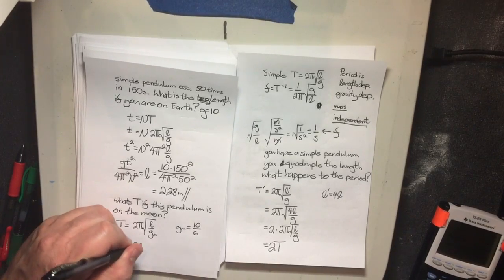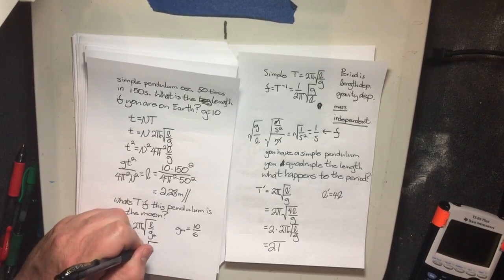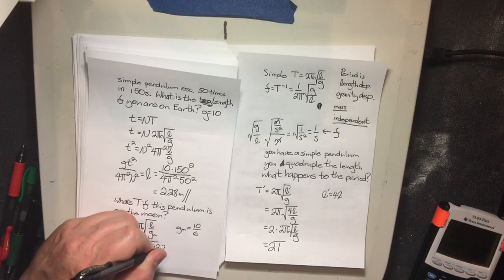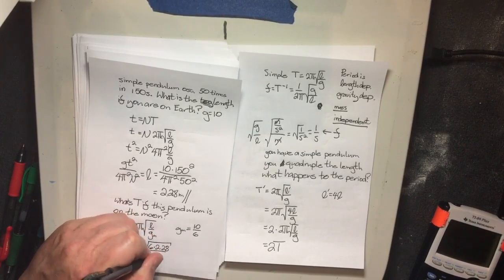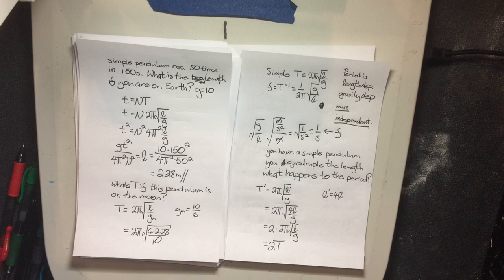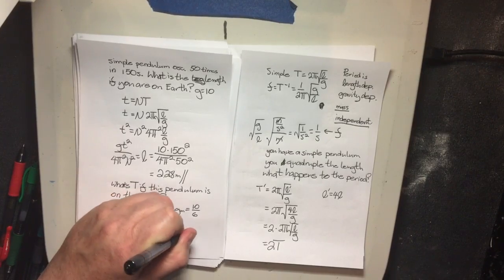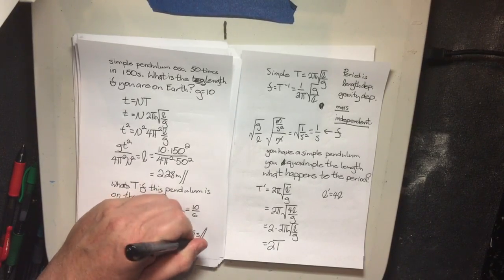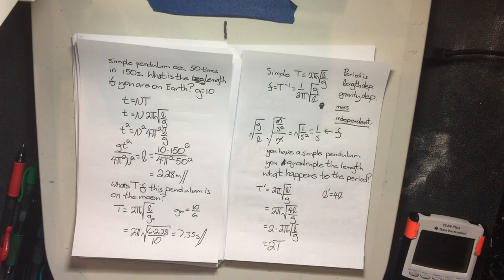So this becomes 2 pi square root of 6 times 2.28 divided by 10. And now you have the period. 5.35 seconds. So that just uses some basic manipulation of pendulums.